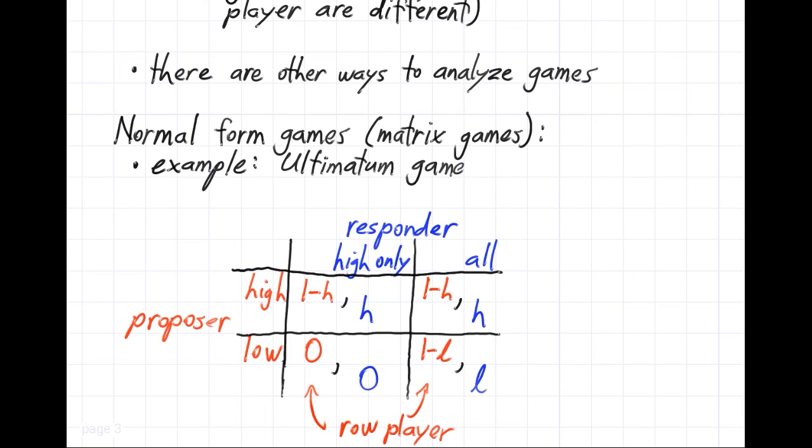And the second number in each box is the payoff to the column player. And that's a very standard convention. So the first number is always the row player's payoff, and the second number is the column player's payoff. Let me write column and row, just to be clear about that.